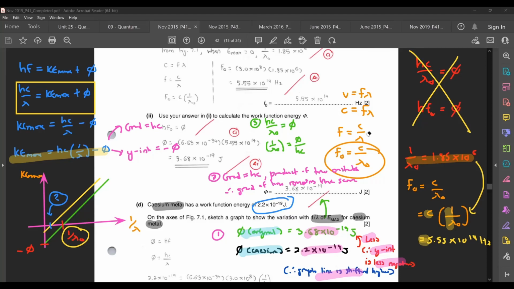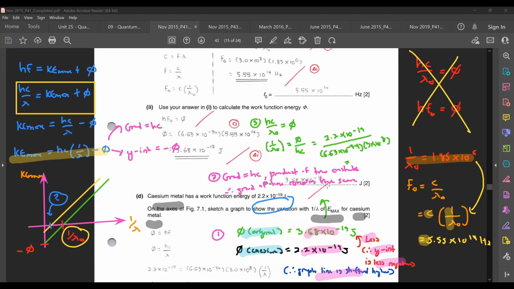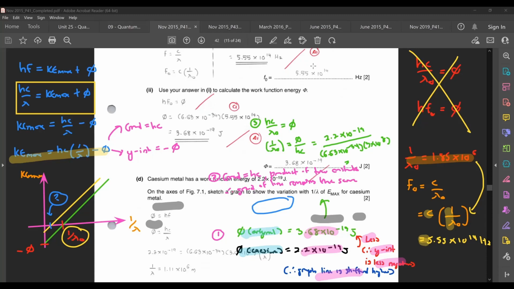So right now, if you take the work function of the cesium metal, 2.2 times 10 power minus 19, you divide it with the product of Planck constant, 6.63 times 10 power minus 34, and the speed of light, you are going to get 1 over lambda naught as 1.11 times 10 power 6 per meter.